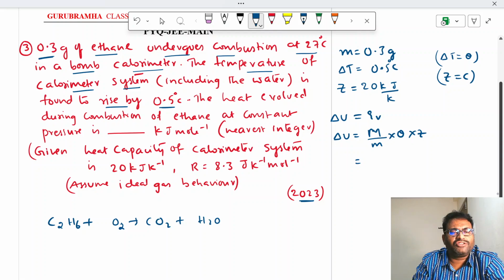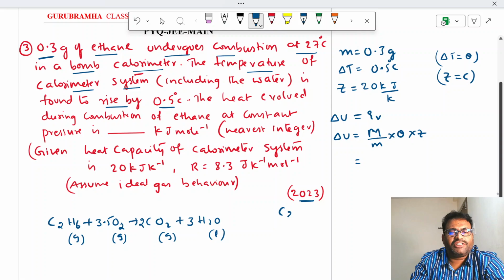If you balance this, 2, 3, and 3.5 for oxygen. CO2 is gaseous, oxygen is also gaseous, and water will be in liquid state.